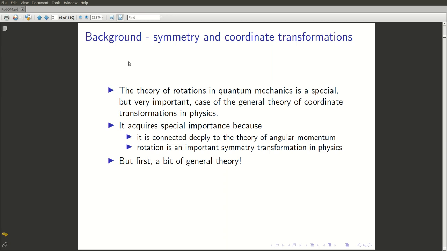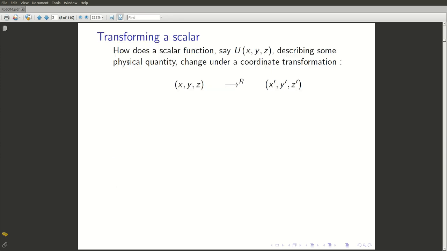But before we get into the theory of rotations, first let us look at a bit of general theory, the theory of how fields, in particular a scalar field, transform when we transform coordinates. So the question that we have here is, suppose I have a scalar function u, which is a function of x, y, z.